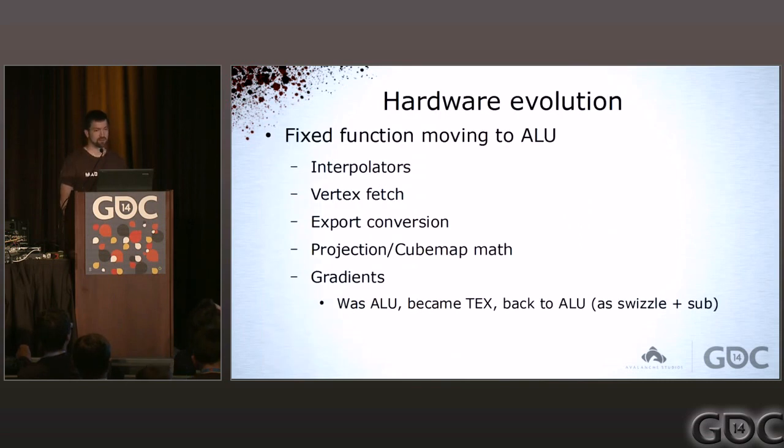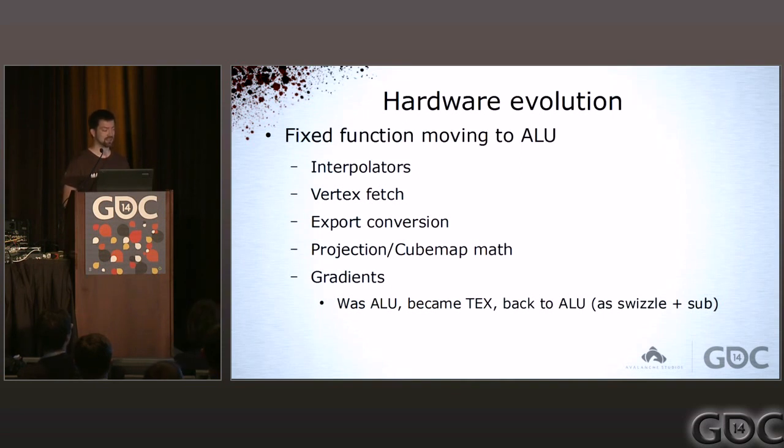So a lot of things have happened on the hardware. The general trend is that fixed function hardware is moving into the shader cores, into the ALUs. Things like interpolators used to be free, in a sense; they at least came preloaded into registers when you started the shader. You didn't pay any cost in that way.